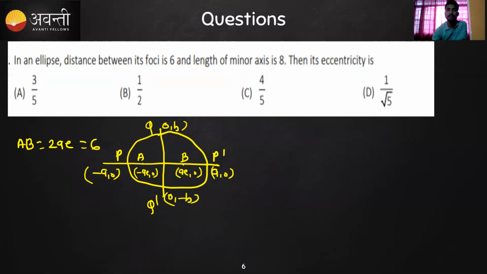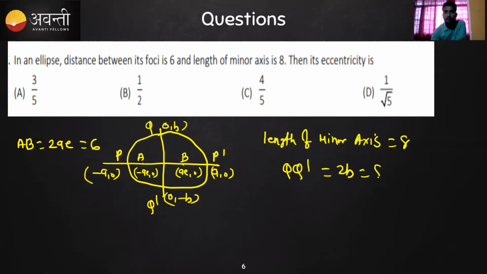We have also been given the length of the minor axis, and it is basically 8. This Q Q dash is the length of the minor axis, which is nothing but 2b. So 2b is equal to 8.